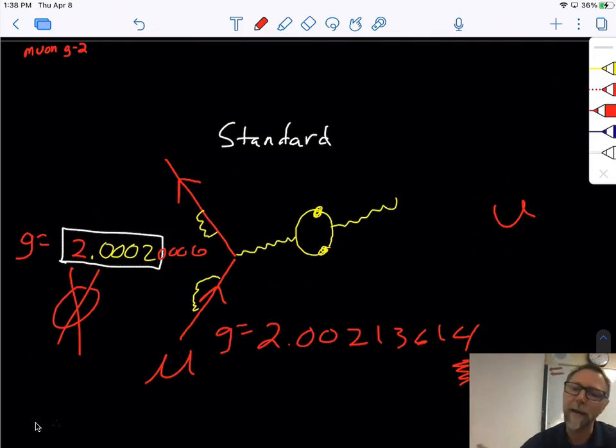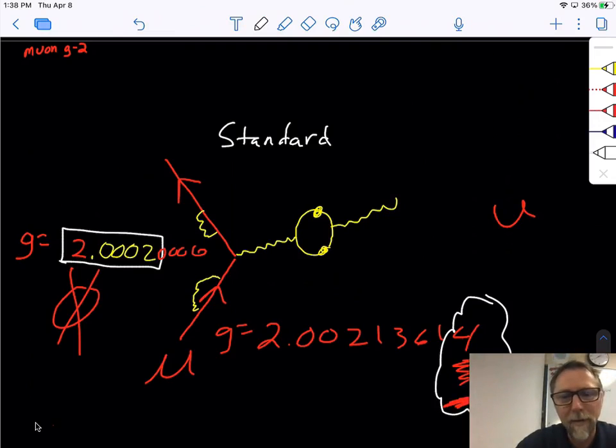All right, that's not a big deal until physicists are like, none of our particles that we've discovered so far do this interaction down here. We don't have a reason for that to happen. Probability is really low. It's really hard to detect.